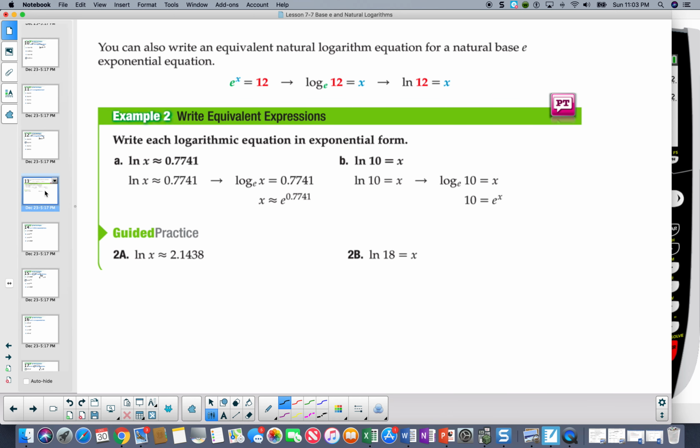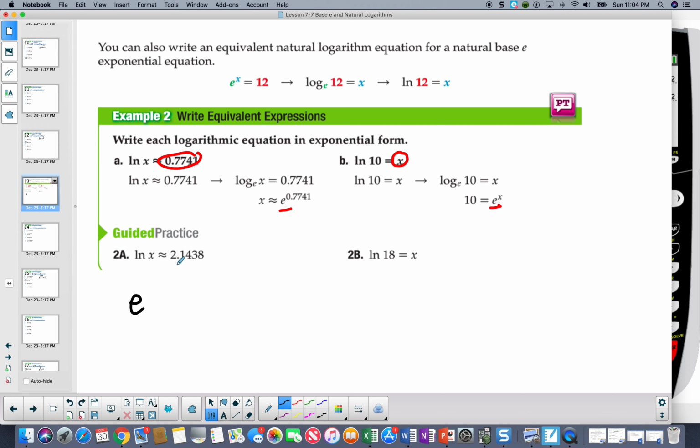Let's take a look at going the reverse direction, logarithmic equation to an exponential form. Okay, our base is e, here's e, and this is the exponent, and that's what I have here, is approximately x. Our base is e, there's our exponent, x is equal to 10.